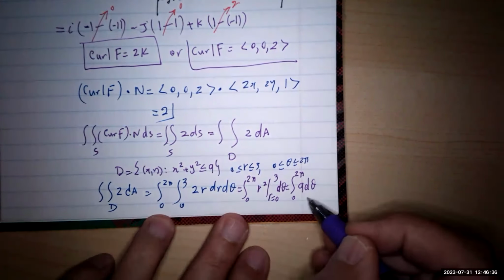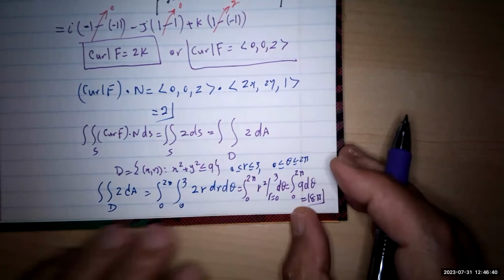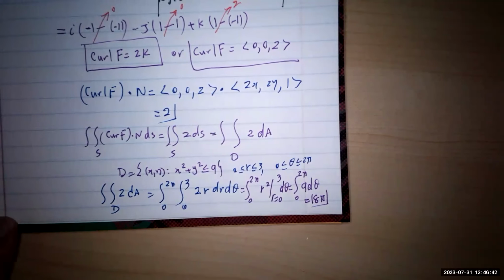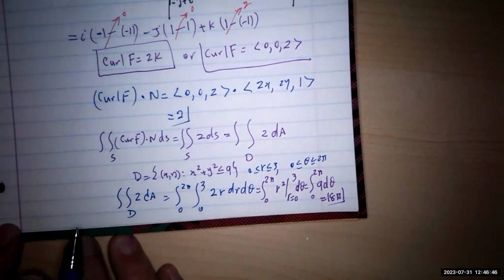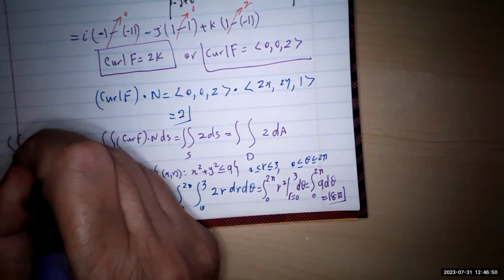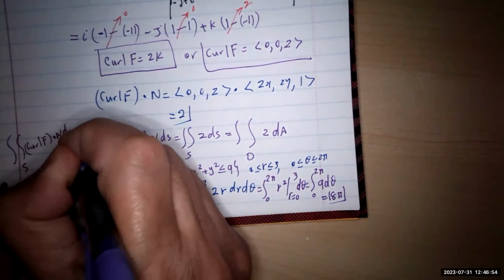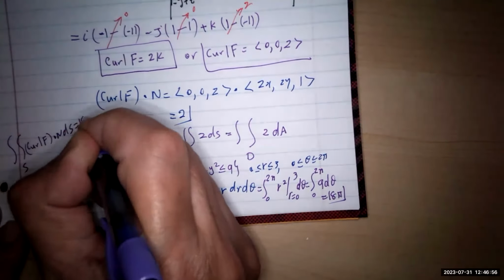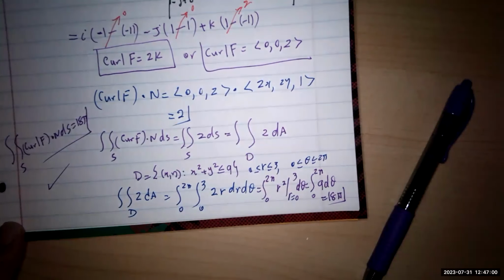So this is equal to 18 pi. And we know that the other part was also 18 pi. So the surface integral is also 18 pi, and the formula is verified.